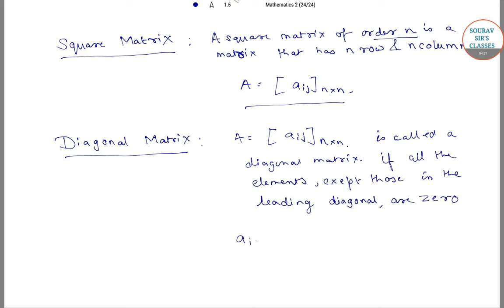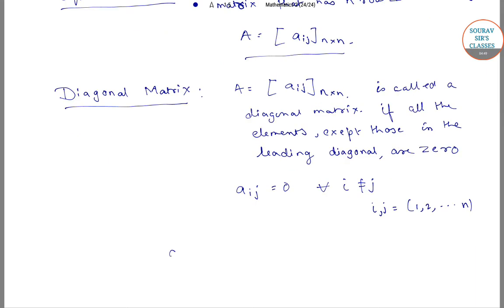That is, Aij is equal to 0 for all i not equal to j, where both i and j run from 1, 2, and so on till n. Now, a diagonal matrix of order n will have d1, d2, and so on till dn diagonal elements and is represented by diag d1, d2, and so on till dn.